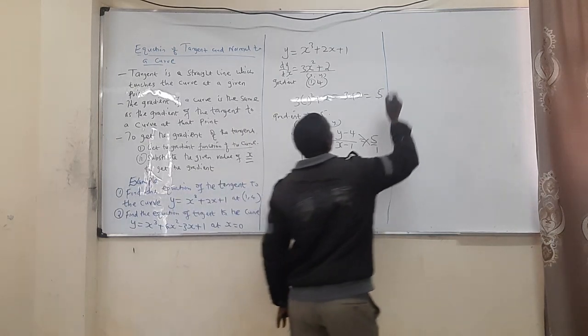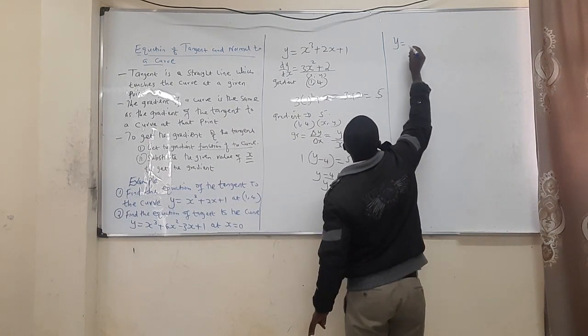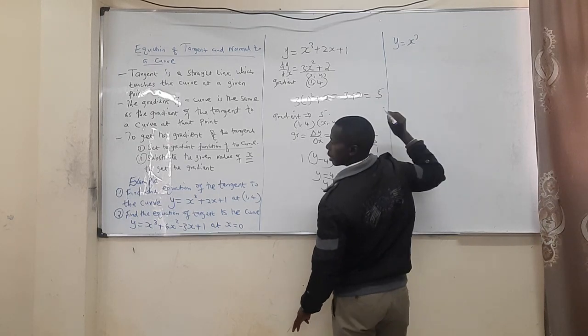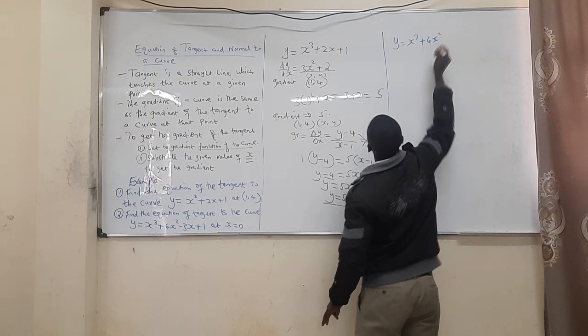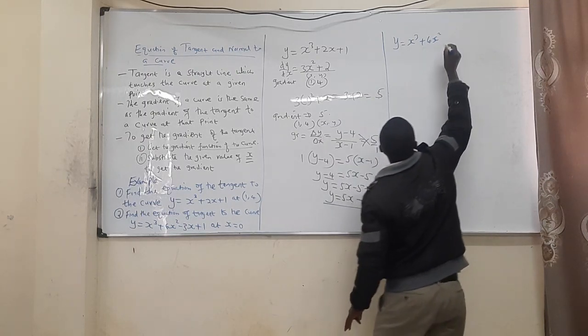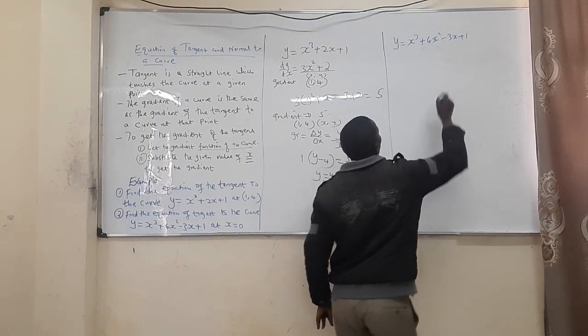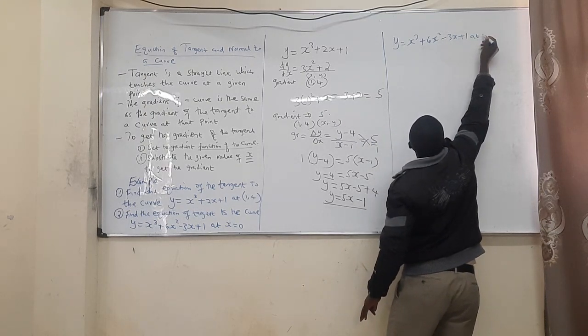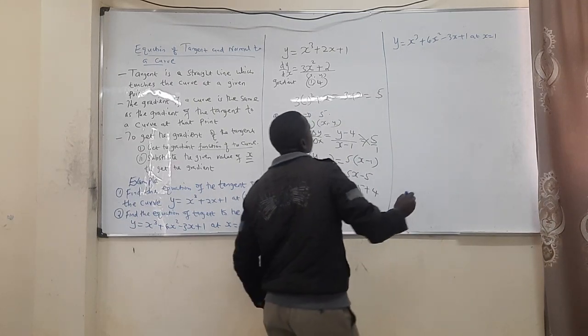So our curve is y equals x cubed plus 6x squared minus 3x plus 1. So at x equals 0.